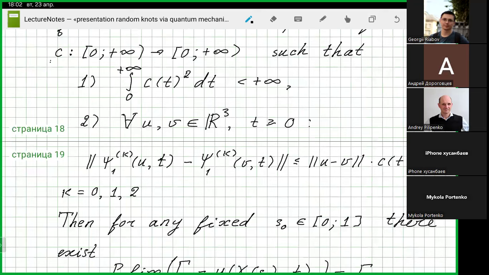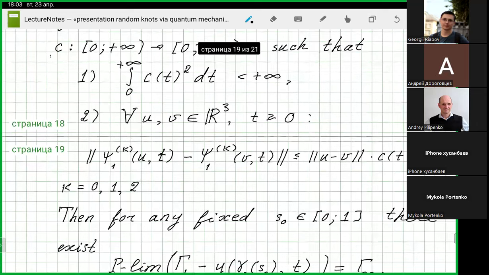So for the function psi itself, for the first derivative, for the second derivative, and this is with respect to the space argument u. So we have the symbol 1 near psi.